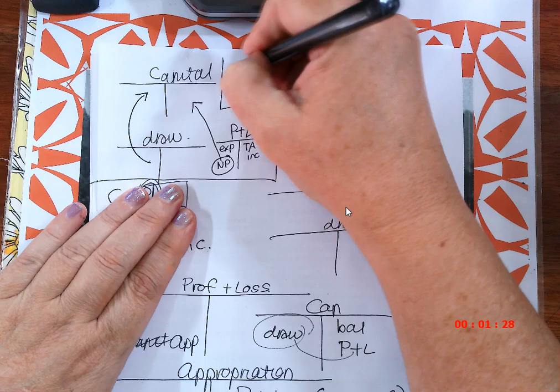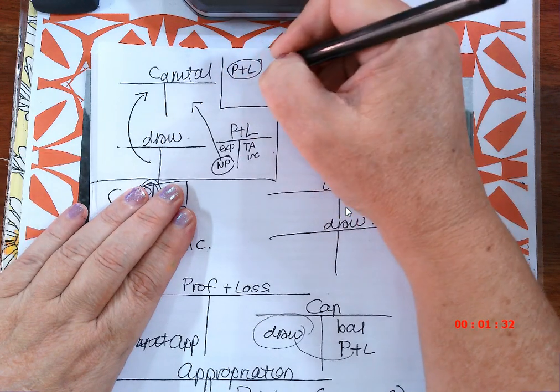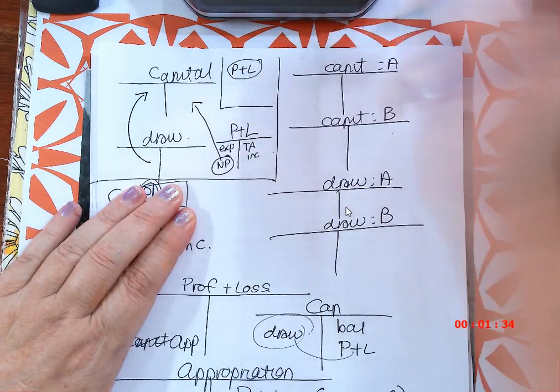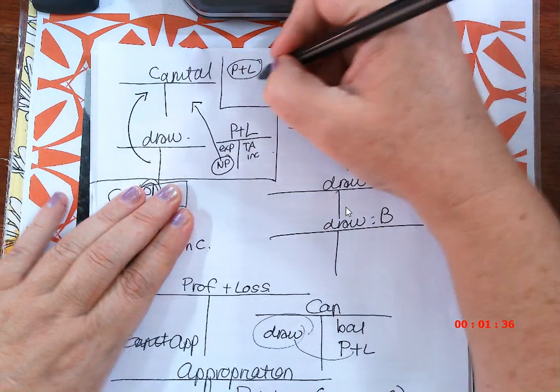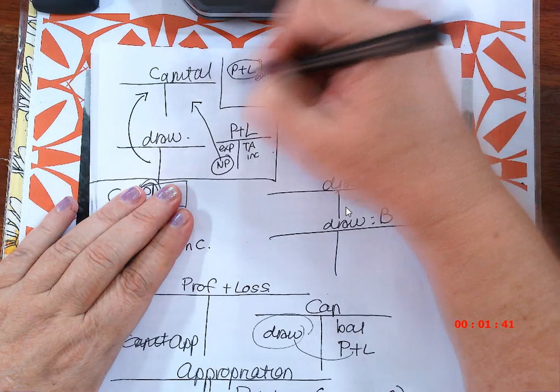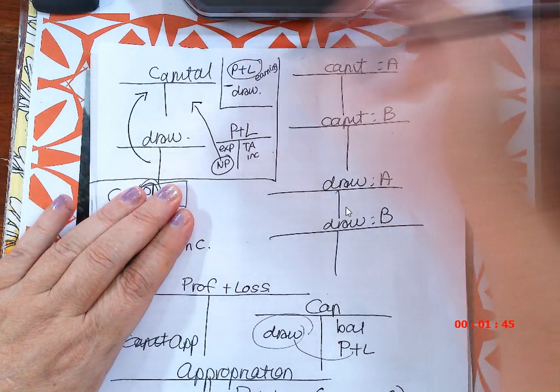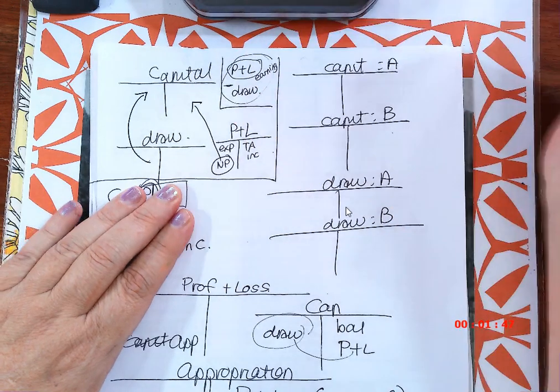So can you see, literally drawings? Your profit and loss, in other words, the profit that you made as an owner, we call that the owner's earnings. Less his drawings will tell you how much of his earnings he's got left.